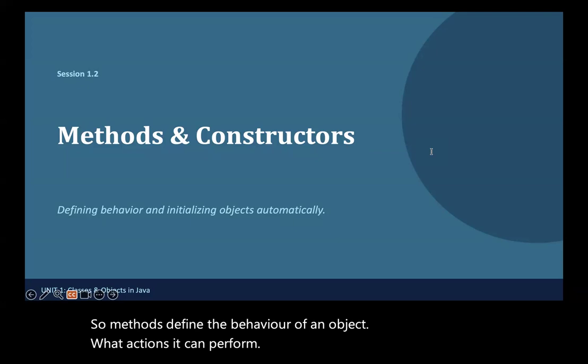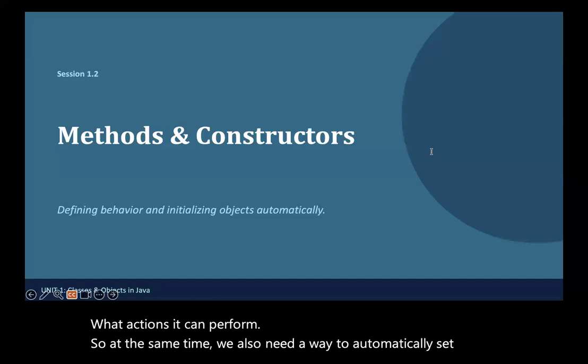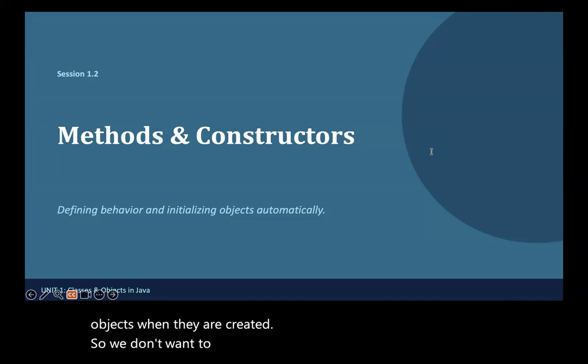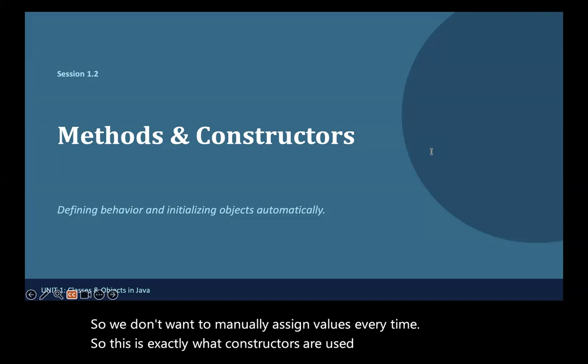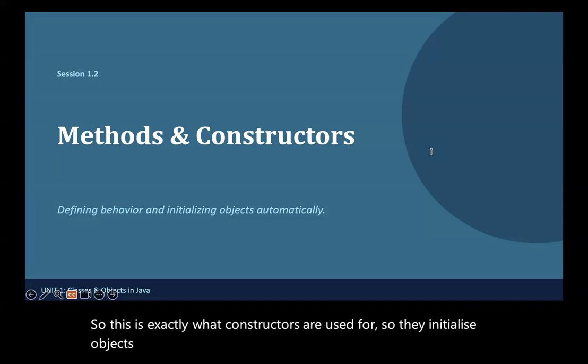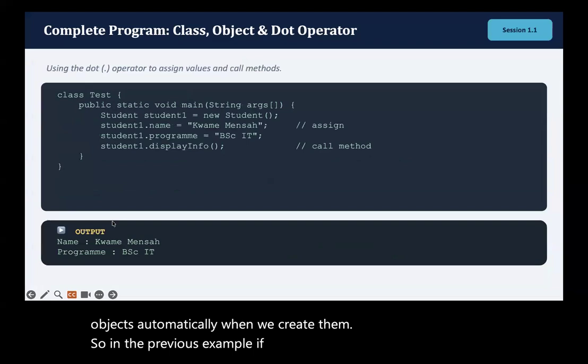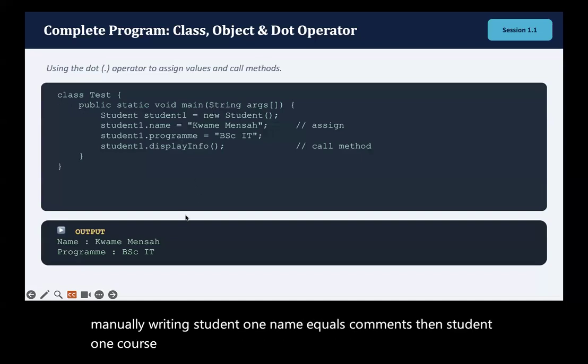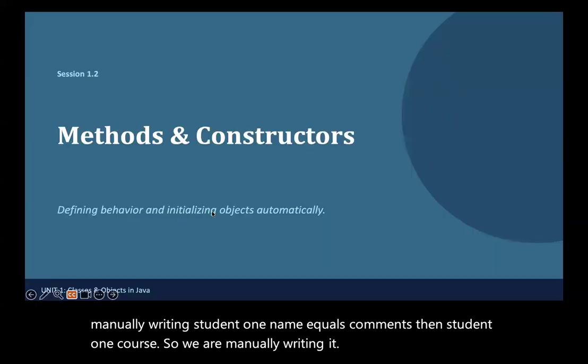At the same time, we also need a way to automatically set up objects when they are created. We don't want to manually assign values every time. This is exactly what constructors are used for. They initialize objects automatically when we create them. In the previous example, we are manually writing student1.name equals something, then student1.course.